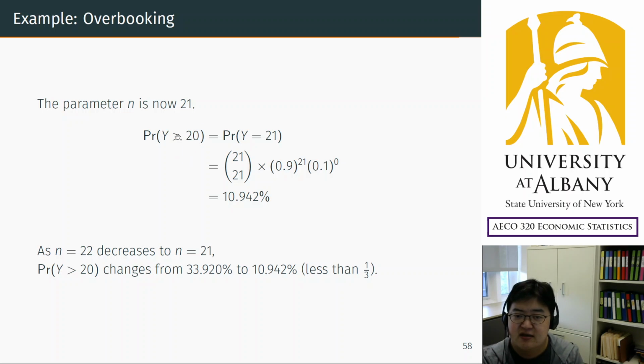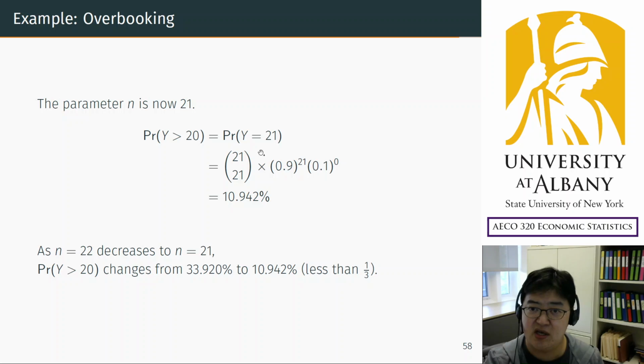I said that a probability defined by an inequality is not directly solvable for the binomial distribution. But here you can simply consider an equality because there is only one outcome strictly greater than 20. Since n is now 21, 21 is the only possible value strictly greater than 20.